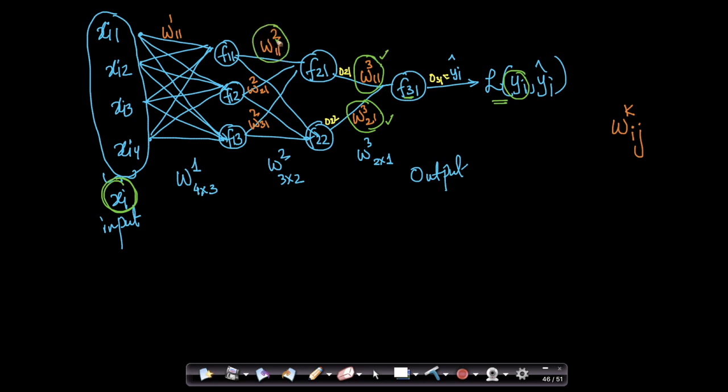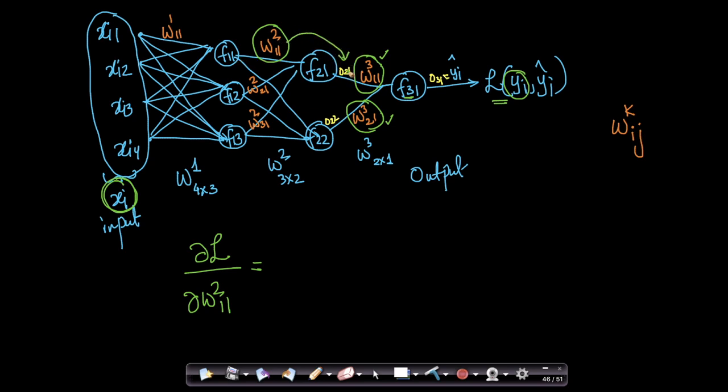What about W211, right? So the derivative of L with respect to W211. Now if you notice, here is a very interesting leap. Your W211 goes into F21 and impacts O21, right?